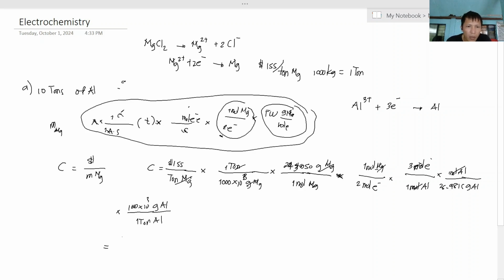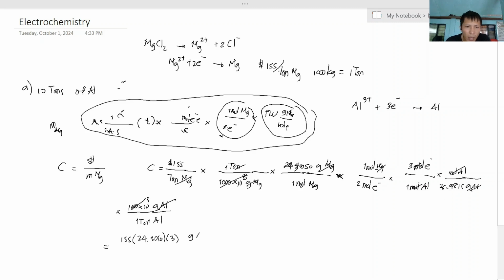That is, your number at the top would be 155, then multiplied by 24.3050, then you have your 3. This one is being cancelled by this, so you need not put that. The grams of aluminum is cancelled also.